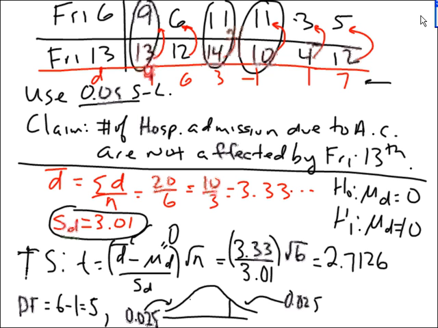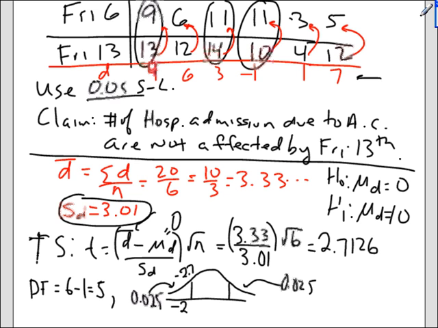When you look up the degrees of freedom in the left column, 5, and the top heading, two-tail, 0.025, it turns out that the t value is negative 2.571.